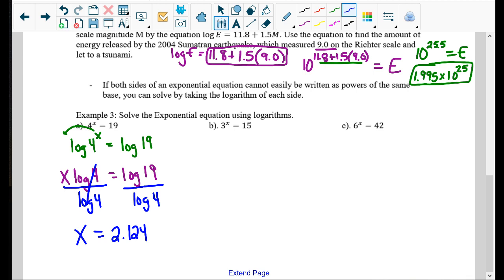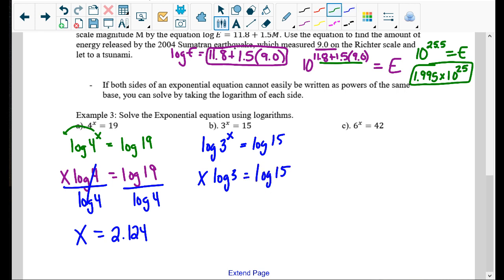Again, we can't get the exponent bases to be the same, so we're going to log both sides. Log of 3 to the x power equals log 15. As you do these, you can start jumping ahead and maybe skipping a step here or there. The exponent x comes to the front, so x log 3 equals log 15.